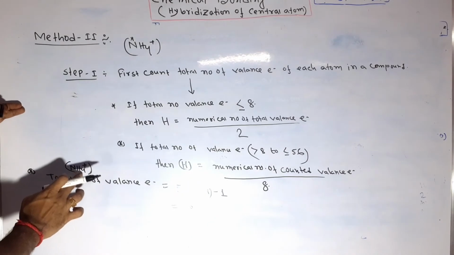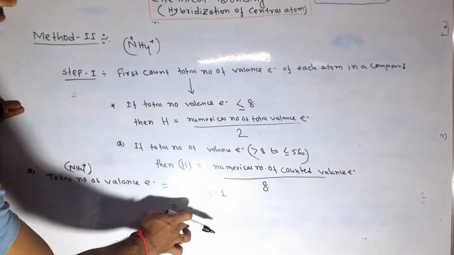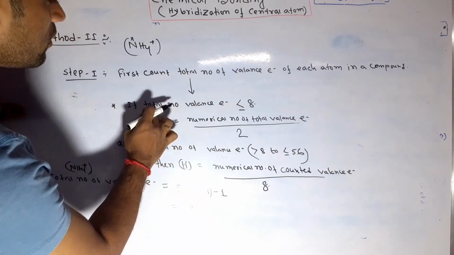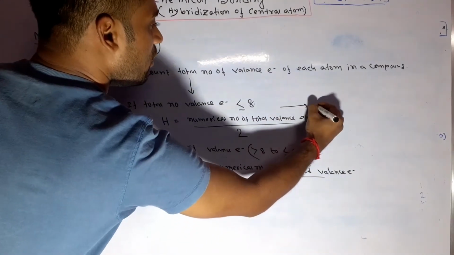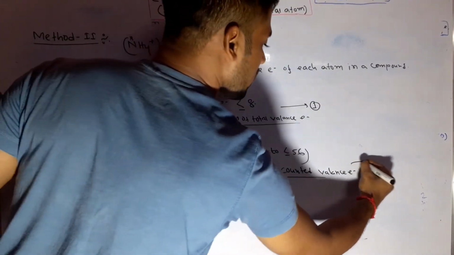So the total number of valence electrons in NH4+ is 8, and these rules follow: this is rule number 1, and this is rule number 2.